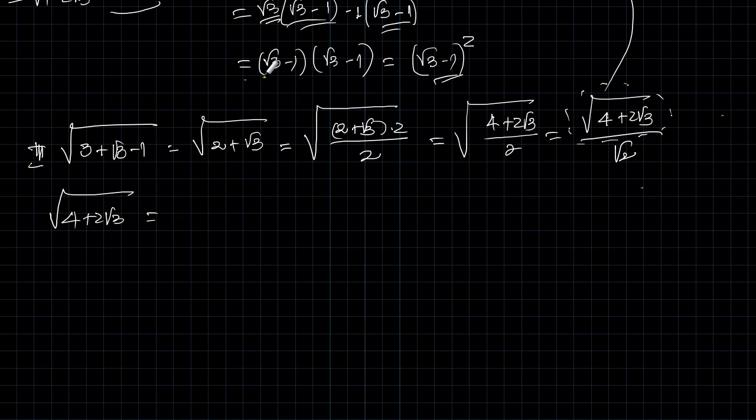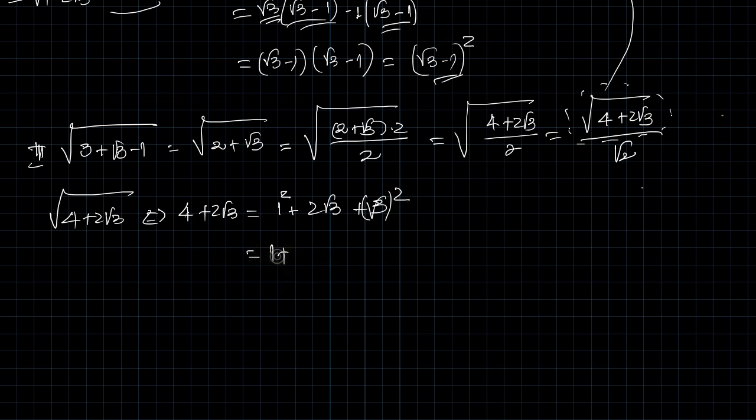We're going to do it quickly because we have already done this. 4 plus 2 square root of 3 is the same thing as 1 plus 3, which is 4, with this in the middle.